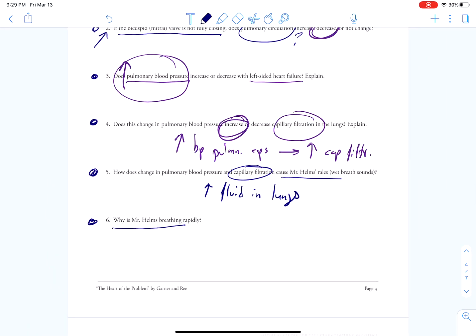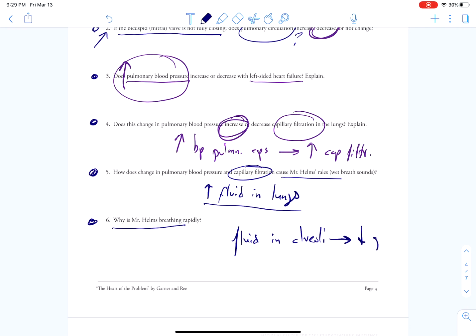Now, why is Mr. Helms breathing rapidly? We have this fluid in the lungs, and we want to know how that's related to him breathing rapidly. And I guess the best way to think about this is if you have fluid in the alveoli, then what's that going to do to gas exchange if you had to guess?